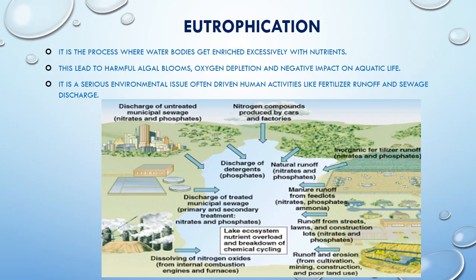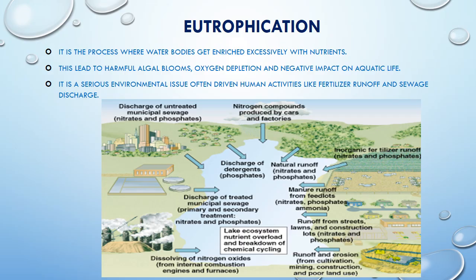We can see in the picture how nitrogen is added from various sources: discharge of untreated municipal sewage water, nitrogen compounds produced by the factories, and discharge of treated municipal sewage. Sometimes it is not totally removed, so nitrogen and phosphorus remain even in the treated water.